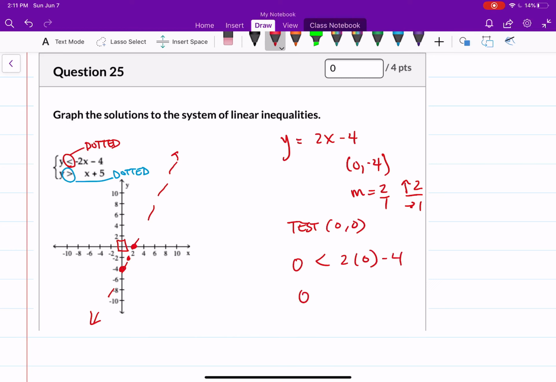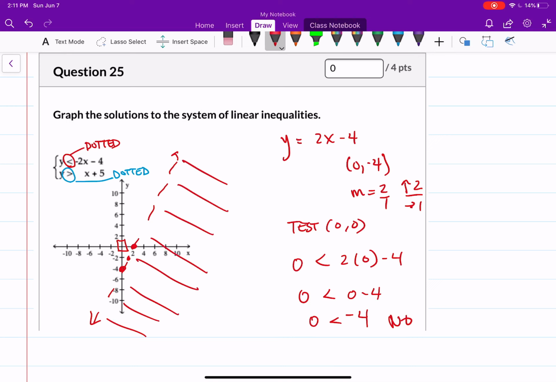So is 0 less than 0 minus 4, is 0 less than negative 4. So do I have less money when I have $0 in my pocket, or do I have less money when I'm $4 in debt? Right? So this is a no. Right? So 0 is not less than negative 4, so this would shade in this direction.